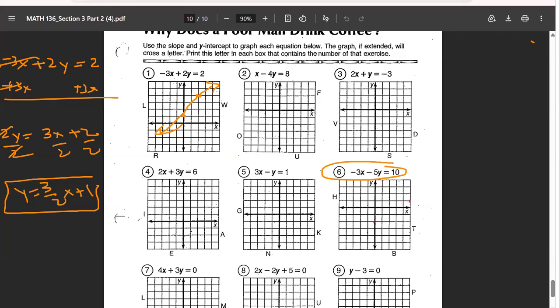Okay, so again, the first thing we need to do is write it in slope-intercept form. Okay, so we have -3x minus 5y equals 10. So then we're going to add 3x to both sides. So that cancels, giving us -5y equals 3x plus 10. Okay, then we're going to divide everything by -5.